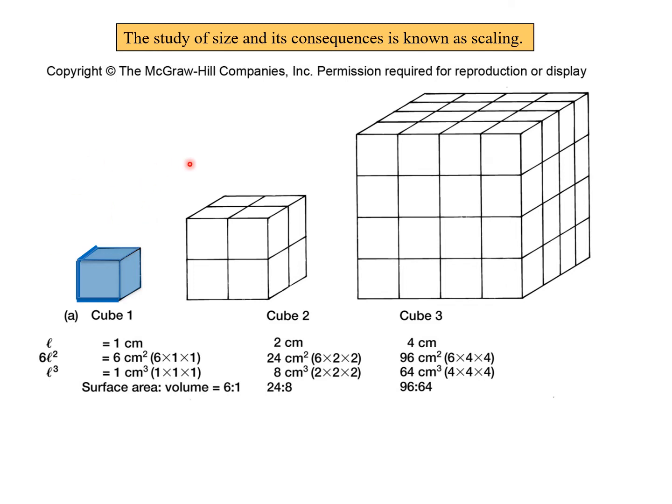It's harder and harder for big animals to rely on their skin for surface area because it's not increasing relative to the rate of increase of the metabolic rate. So it's really important to understand these relative proportional changes as shapes increase in size.